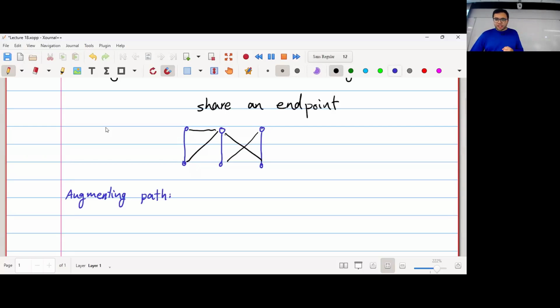So if, let's say, I show my matching edges in blue, an augmenting path would be something like this. It would be a black edge, so an edge that is not in my matching, followed by a blue edge, followed by another black edge, and so on. It alternates in the color, and it starts and ends with a black, right? And if I have just one black edge on its own, that's also an augmenting path, right?